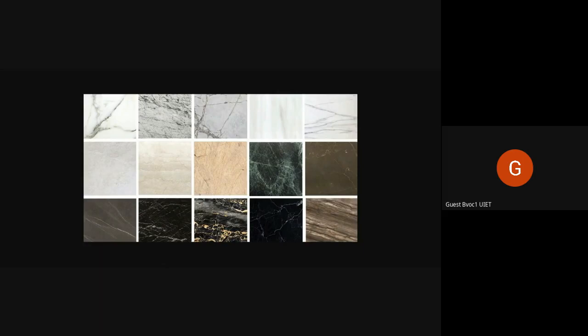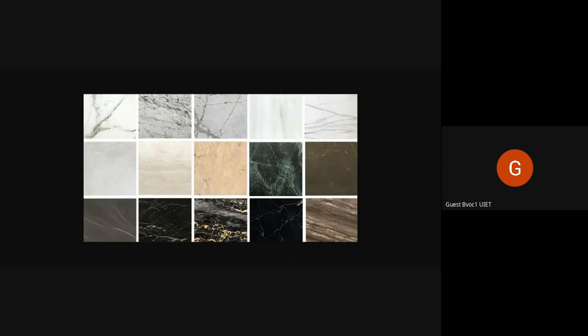And then you have quartzite. Quartzite is a hard, brittle, crystalline and compact stone, which is difficult to work with because it is compact and it is hard.